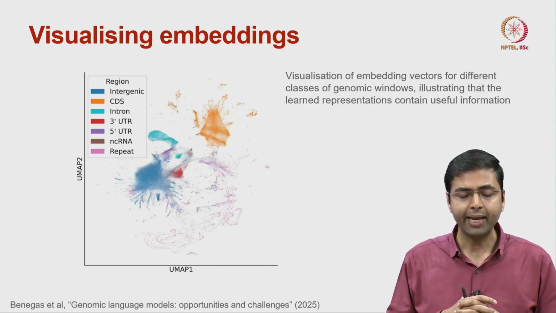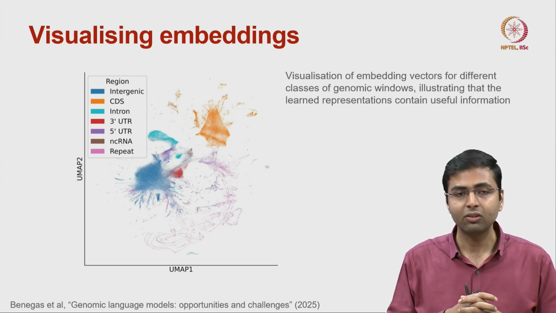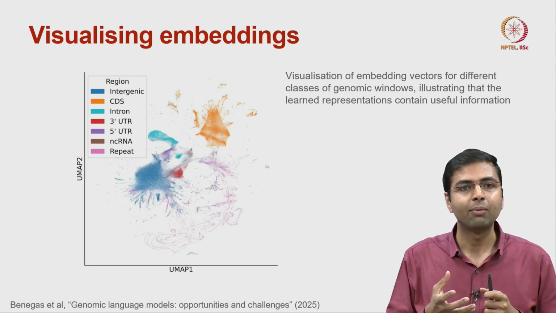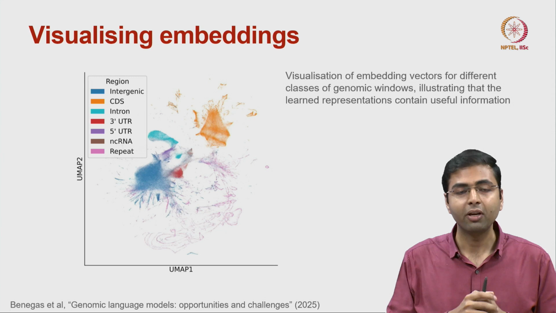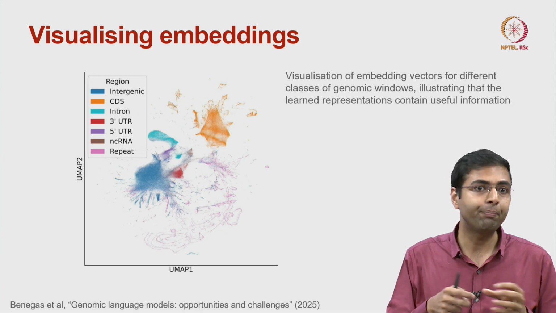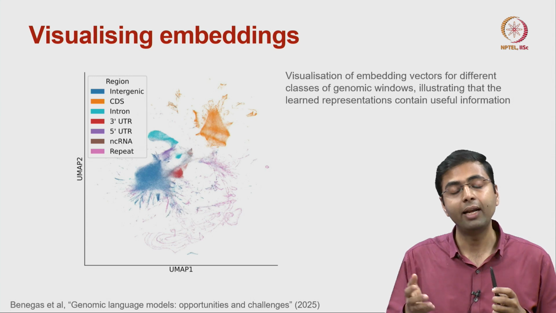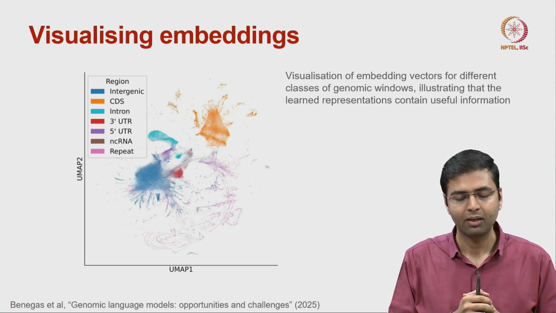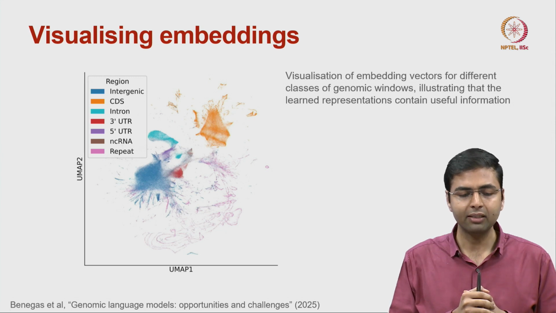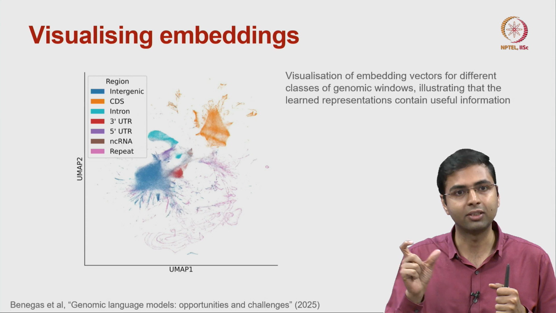We also can understand, because these language models can have a large number of parameters, it is difficult to interpret the model just by looking at the model weights. So often people use different empirical ways to understand whether a model has learned something useful or whether it has been trained well. So shown here are the embeddings learnt by the model in different genomic windows.